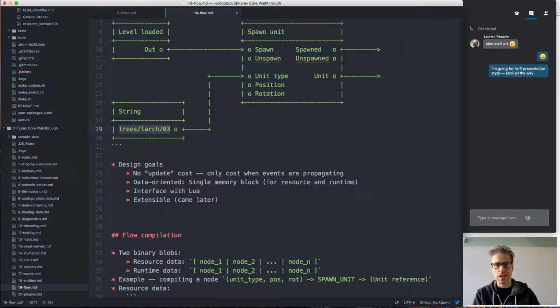And when we compile this spawn unit node, we will see, oh, this input variable is connected to this output variable here. So we'll just store the offset of that output variable wherever it is into this resource here. That's how we know where to find that data.